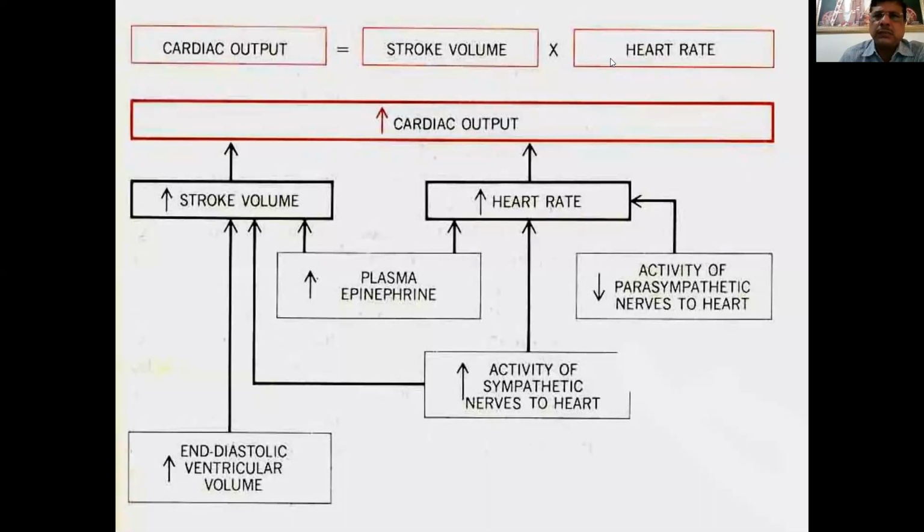So these are some slides that show in a nutshell what we have discussed till now. Cardiac output is equal to stroke volume into heart rate. Stroke volume is determined by end-diastolic ventricular volume, plasma norepinephrine, and activity of sympathetic nerves, which determines both, while parasympathetic is going to decrease. There is one more much better graph.